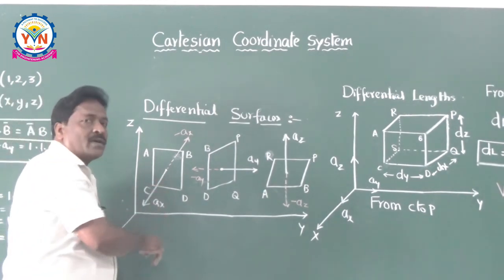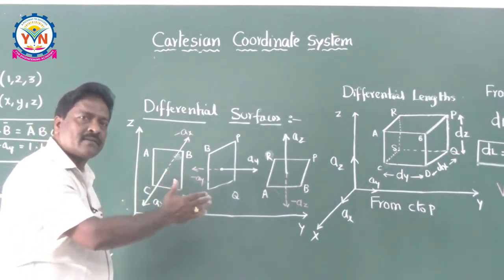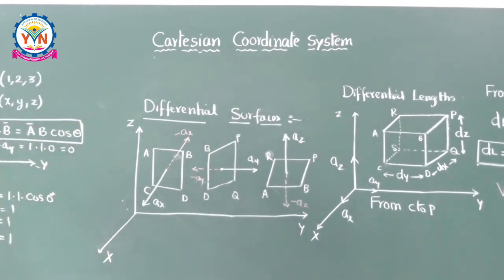In each direction you have 2: positive X and negative X, positive Y and negative Y. Once again, you can see this box so that you can understand.